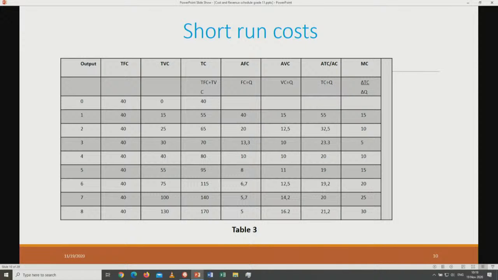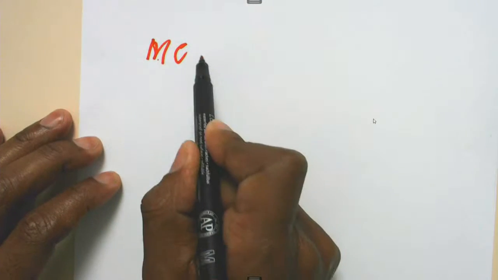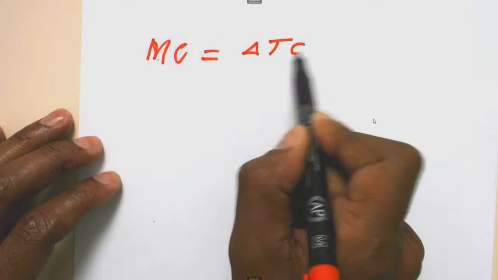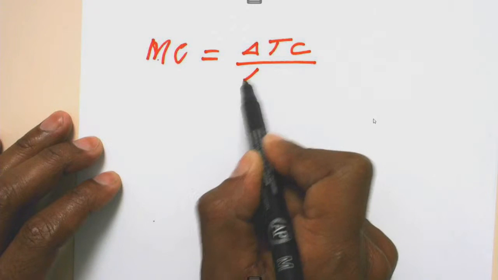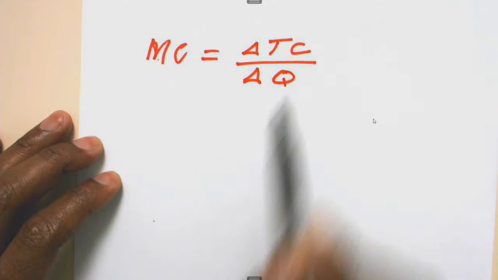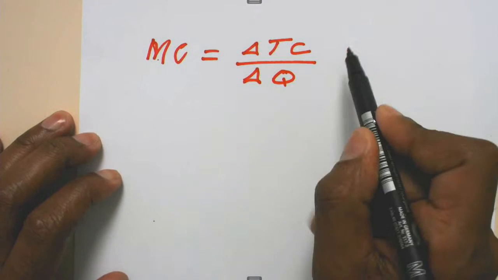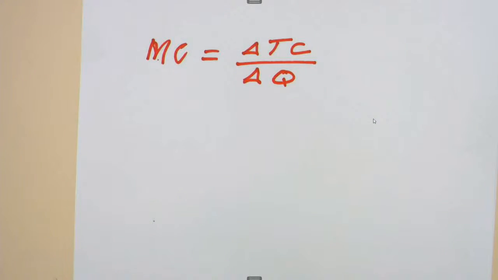Let me calculate that for you. Okay, let me do that so that you have an understanding. It's your MC, which is your marginal cost, equals change in total cost divided by change in output. Right. Now, our output, let me just go back there and show you.